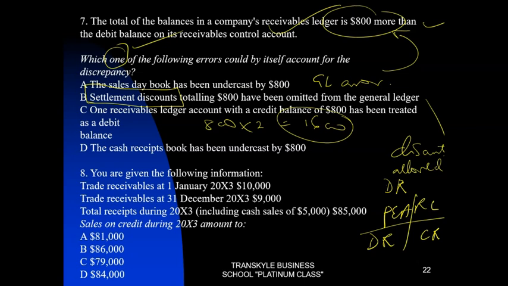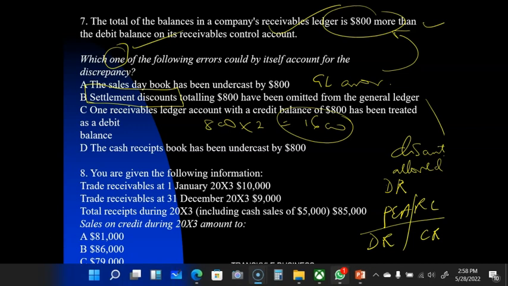Then D, the cash receipts book has been undercast by $800. The idea here on part D is that we are being tested on our appreciation of double entry bookkeeping as well.